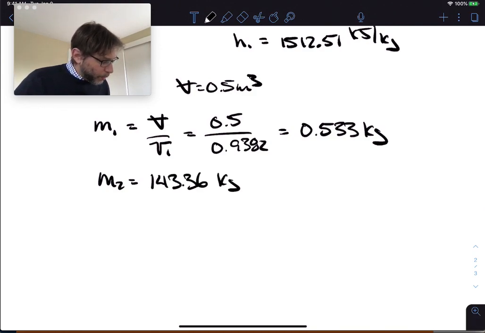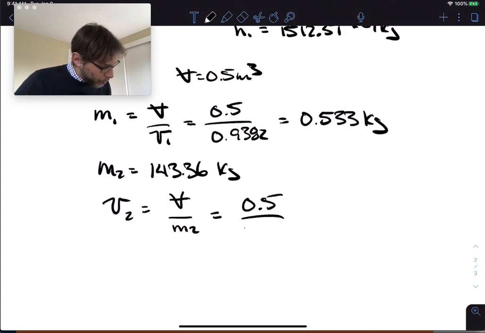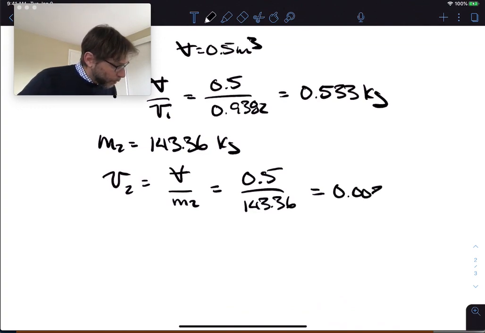So v2 equals V over m2, which is 0.5 over 143.36, and this is equal to 0.0035 meters cubed per kilogram.